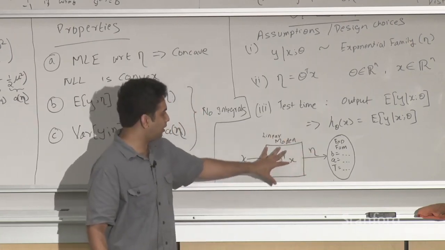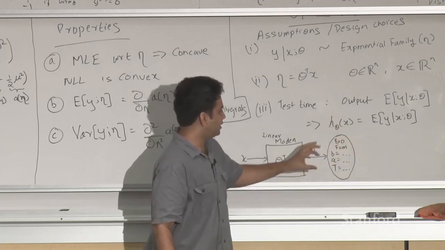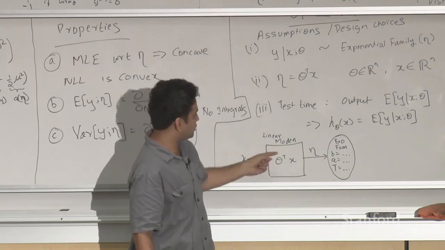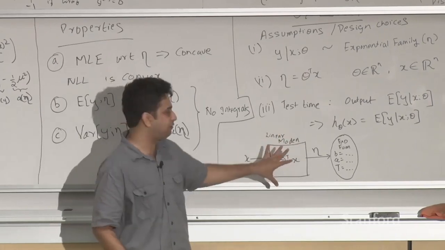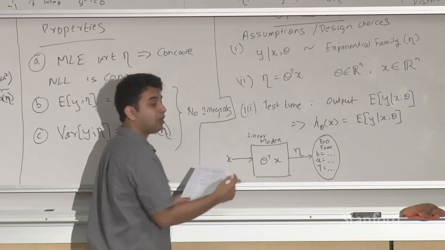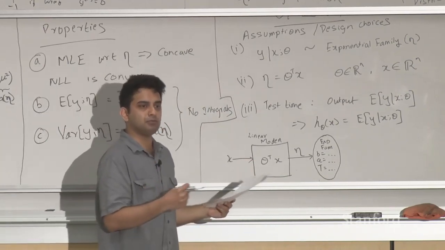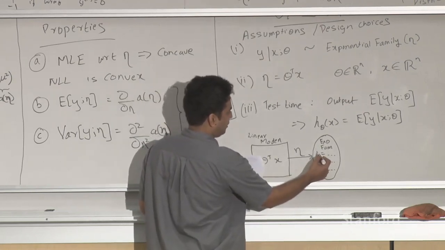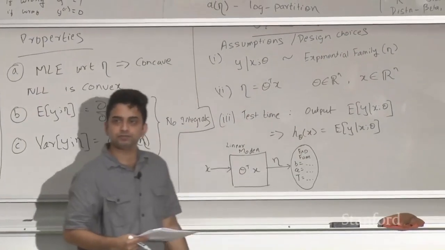This is the model, and here is the distribution. Now the distribution is a member of the exponential family, and the parameter for this distribution is the output of the linear model. This is the picture you want to have in your mind. And the exponential family we choose depending on the data that we have, whether it's a classification problem or a regression problem or a time to event problem, you would choose an appropriate b, a, and T based on the distribution of your choice.